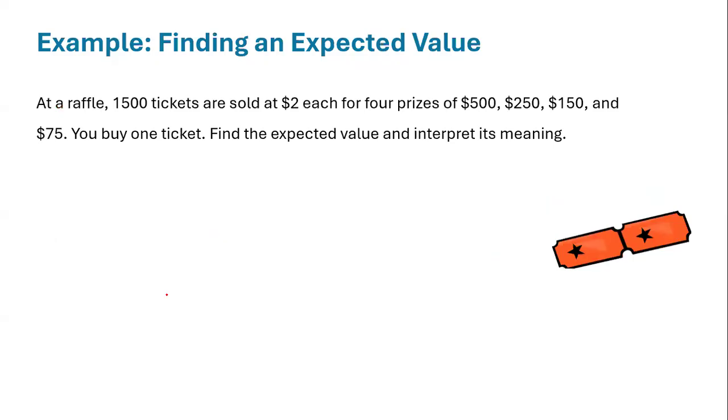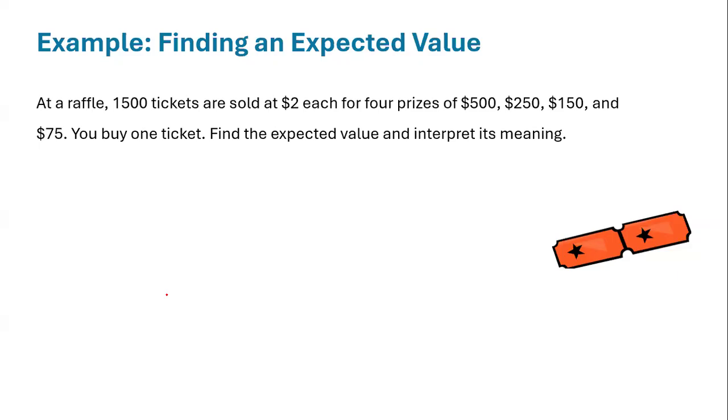Let's look at an example to find the expected value for a raffle ticket lottery. It says at the raffle, 1,500 tickets are sold at $2 each for 4 prizes of $500, $250, $150, and $75.